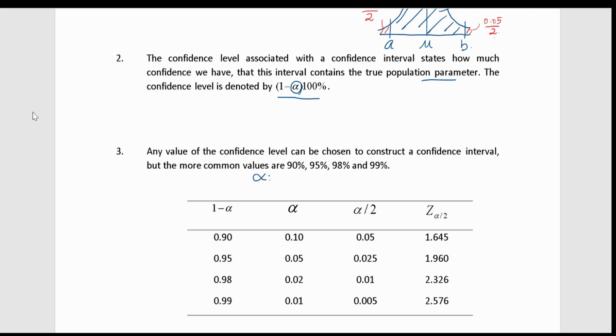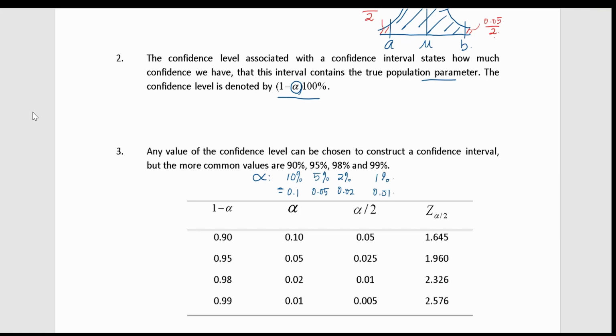If you are choosing a 90% confidence interval, then alpha is 10%. For 95% it is 5%, then 2%, and 1%, which means the probabilities are 0.1, 0.05, 0.02, and 0.01.